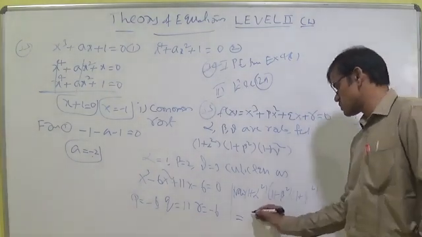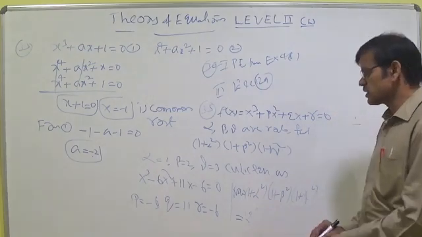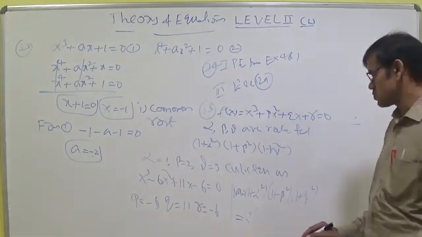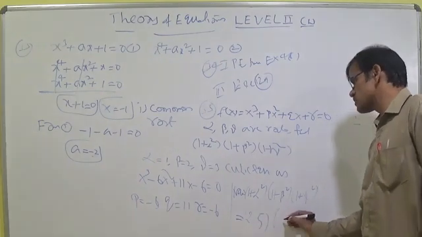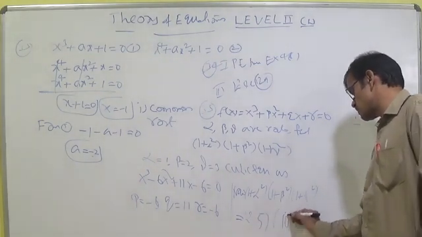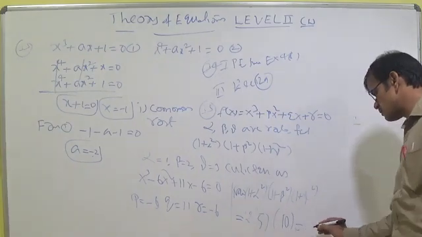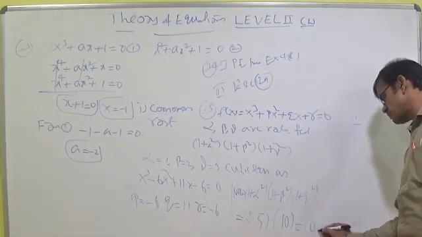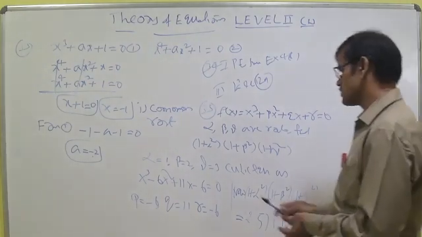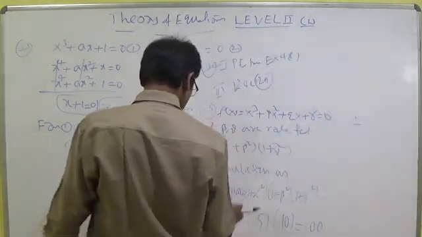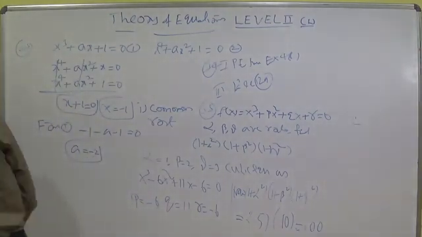So 1 plus 1 square is 2. 1 plus beta square, beta square means 4, so 1 plus 4 is 5. 1 plus gamma square, 1 plus 9, it is 10. 2 fives are 10, 10 tens are 100 here.